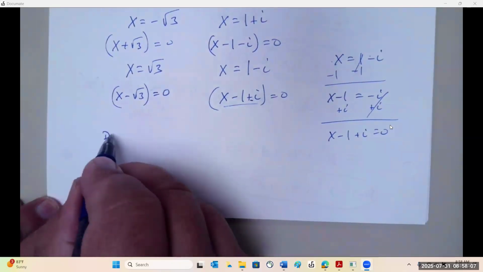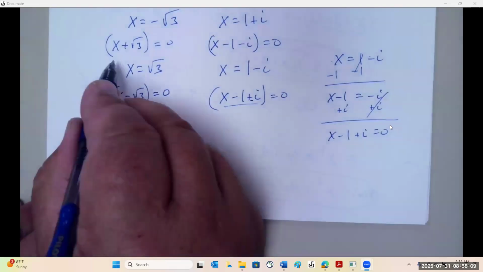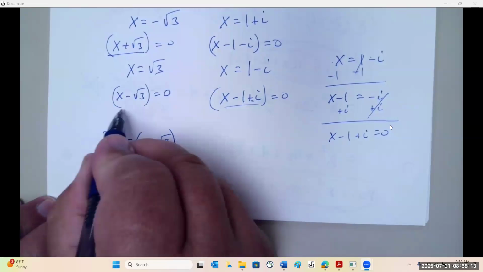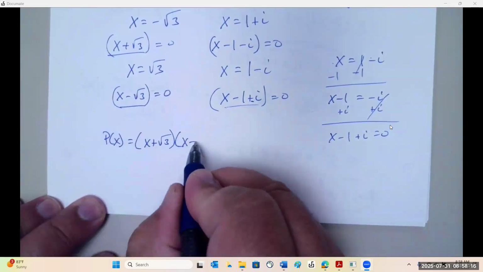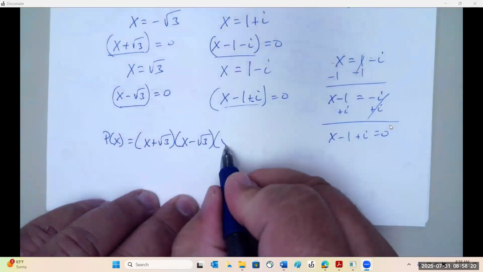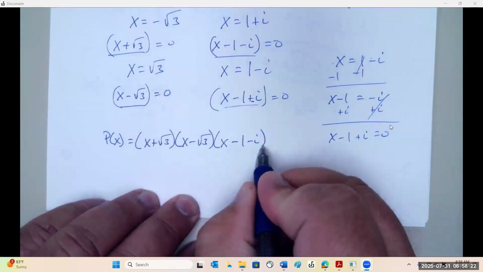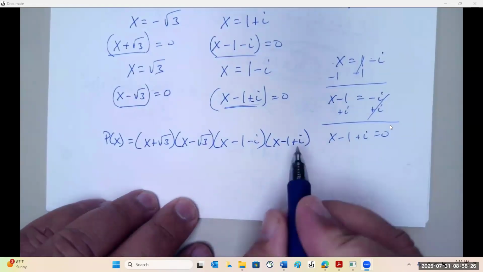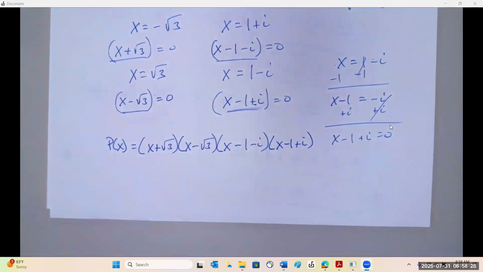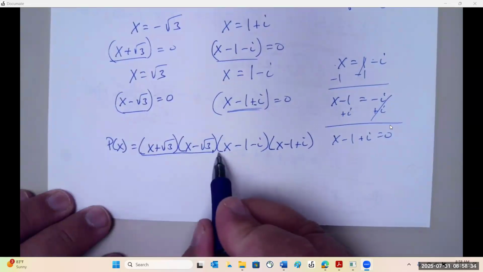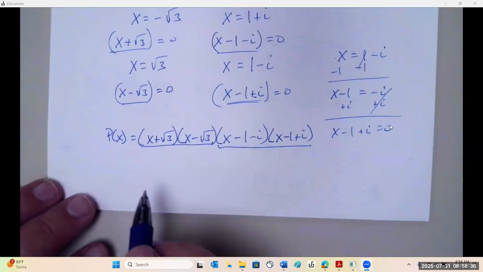So my polynomial so far looks like this. X plus radical 3, x minus radical 3, x minus 1 minus I, x minus 1 plus I. Let's treat both of these separately for right now.